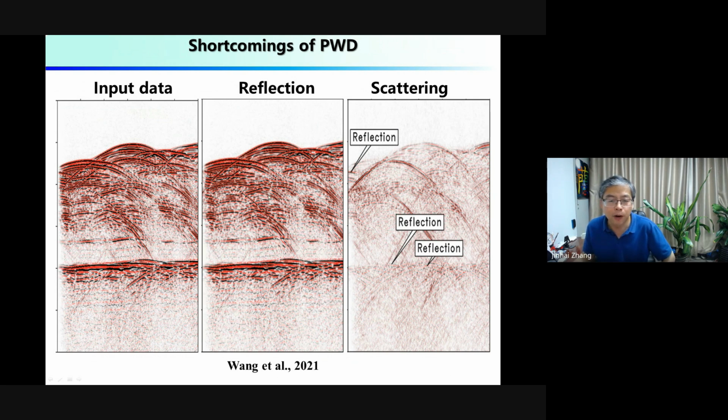However, for this part, it's almost the same as the input data. That means the scattering we extracted is very tiny or very weak. It's not helpful for data processing when we are performing velocity analysis to build up the model.